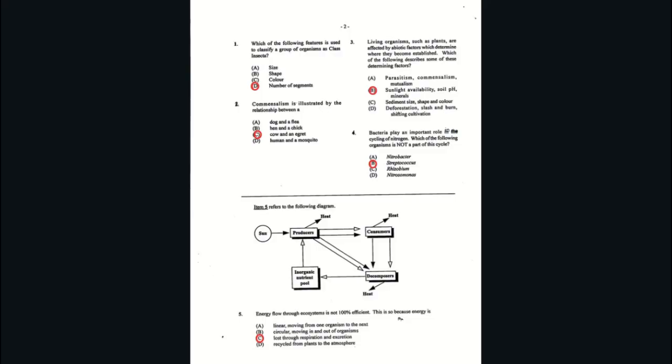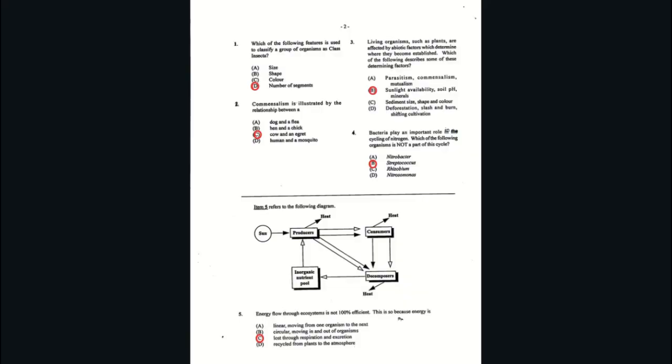And the correct answer is C. But it's a quick thing to note that in order to answer this question, you'd have to know what commensalism is, and it's basically a symbiotic relationship in which one organism benefits and the other doesn't benefit, but at the same time is not harmed. That is why the cow and the egret would be a perfect example.